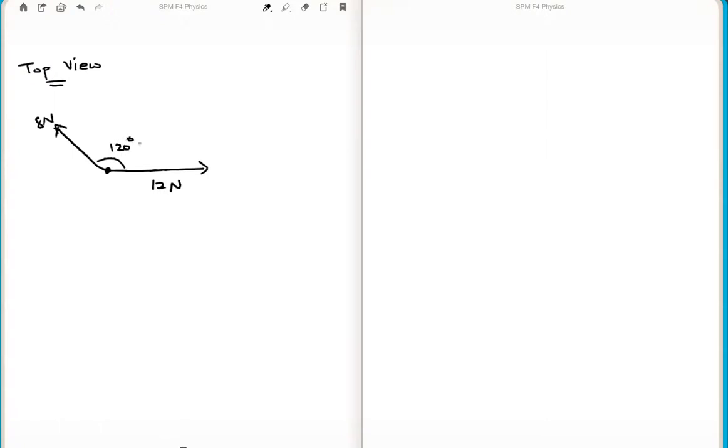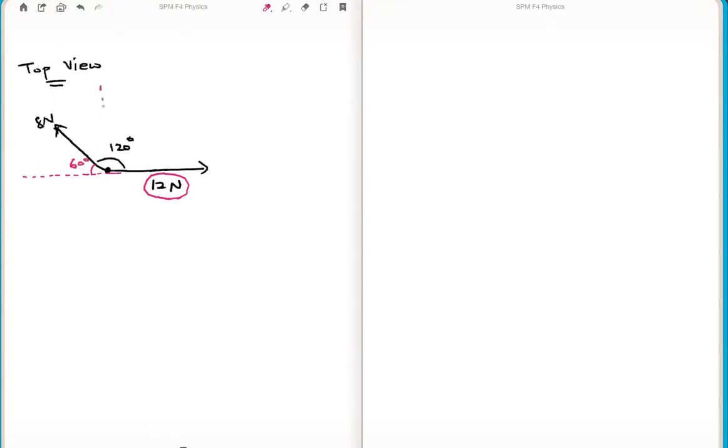You are asked to find out what's the resultant force and in which direction this box would be moving. Okay, so first of all, you resolve the forces individually. This one is a horizontal force to the right, so it doesn't matter much. All you need to do is the 8 Newton because it's at an angle. If it were to be horizontal, you always need the horizontal reference, so it will be 60 degrees.